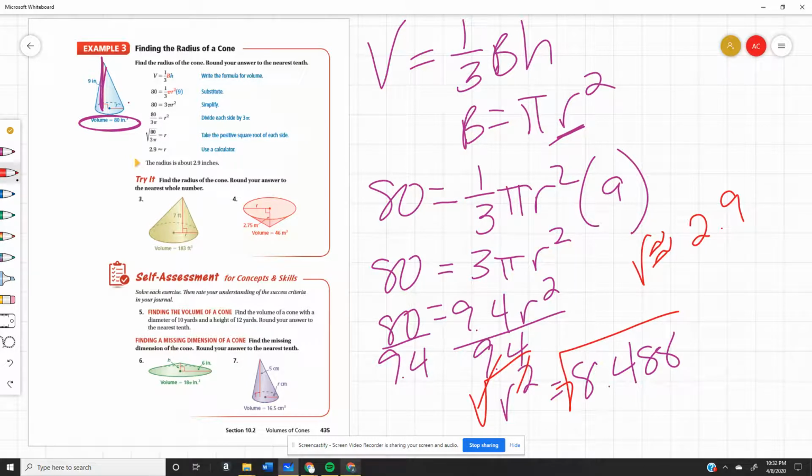So let me look at what they did here. So they just divided by 3 pi, and then they square rooted the whole thing using a calculator. So if I plugged into my calculator second square root, or if you're using Desmos, just the square root, and then I did 80, and I would probably put this in parentheses, 80 divided by 3 pi, end parentheses, and then I'm going to get 9.